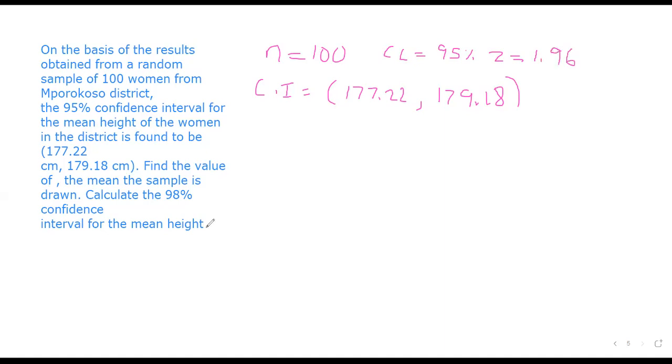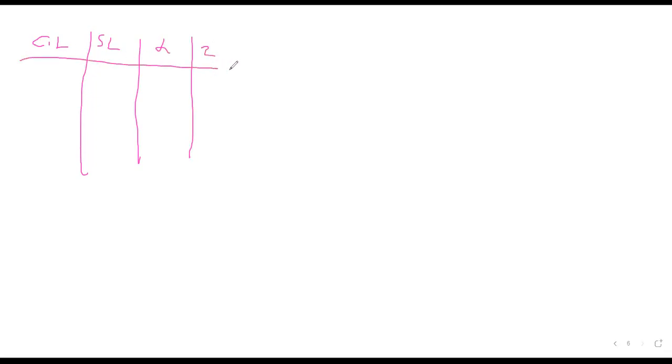I really need us to master this song before I go any further. Everyone, quickly. We have confidence interval, significance level, alpha, and our Z. Okay, I will start. 99, we have 98, we have 95 and 90.